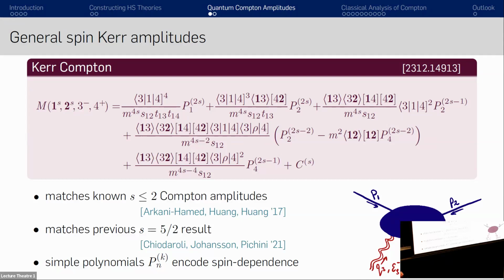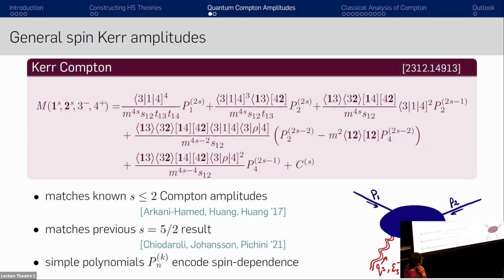And where does this generic spin dependence appear? It appears in these polynomials here, which I'll define on this slide. These prefactors are just the polar dependence and the helicity dependence of the graviton. The thing that tells you whether you're scattering spin 1 or spin 2 particles is all encoded in these polynomials.